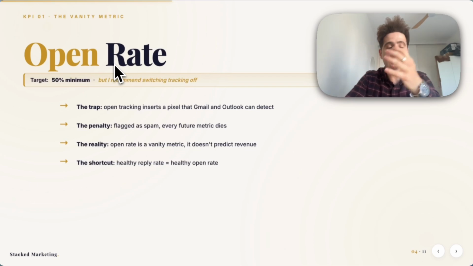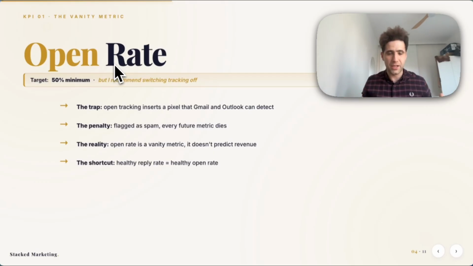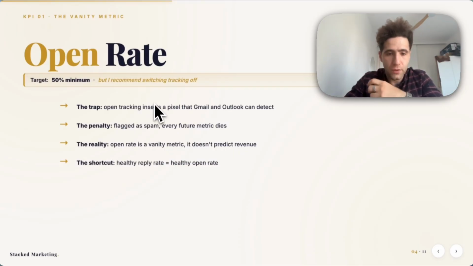So you want to avoid this. I personally do not monitor the open rates. It's not important to me. If anything, it's a vanity metric, and instead you can analyze the other metrics that I'm showing here to give you a better indication about whether or not you have a strong or weak cold email campaign.